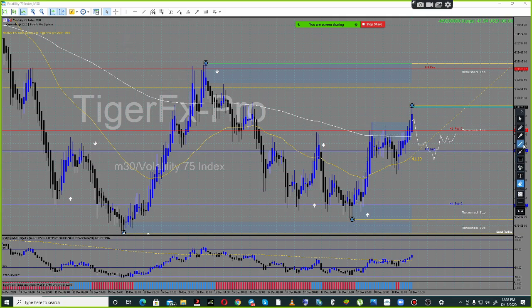Let me try to draw something neat. The height of that shoulder must be broken to identify a change of direction on the market. It will show you that the market is changing because it has now broken this lower high.